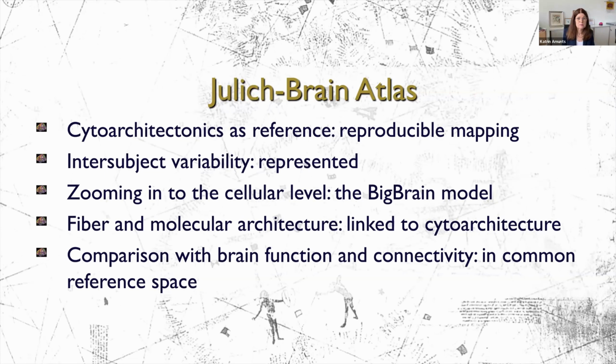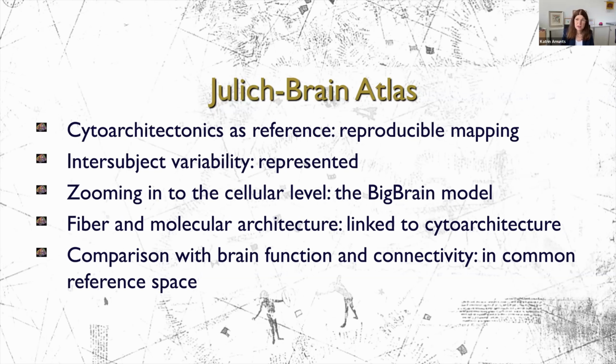introduced the BigBrain model. An atlas today should be multimodal, so we bring in fiber and molecular architecture and link it to cytoarchitecture. And of course, we have to be capable to compare these types of data with other data coming from functional imaging experiments or connectivity elements.